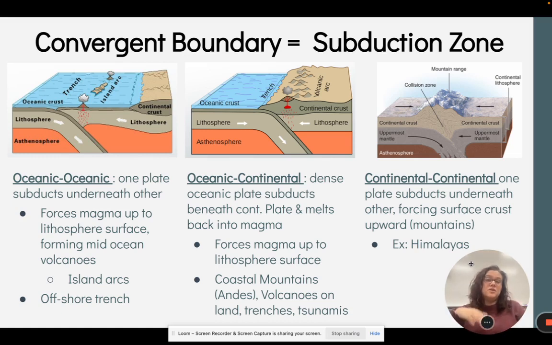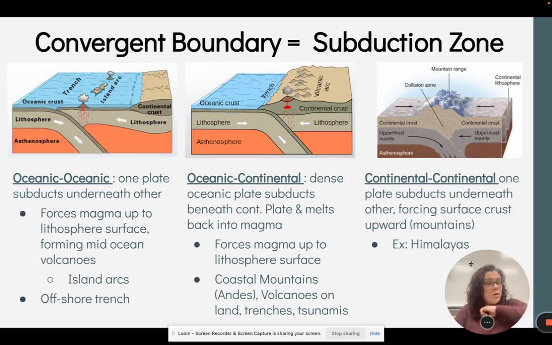We also see convergent boundaries when it's oceanic-continental. Now, oceanic plates are always more dense. They're going to subduct below the continental crust. It'll kind of melt back into the magma as it does that, and again, it forms that convection current, right? But with these, we have a similar thing happening, where as it is subducting, there's still some pressure there, and we'll see islands form.